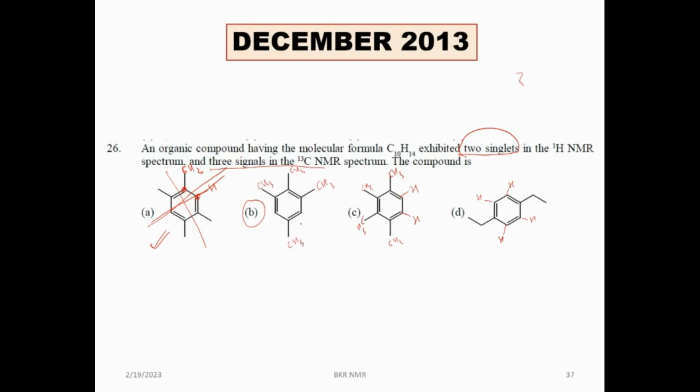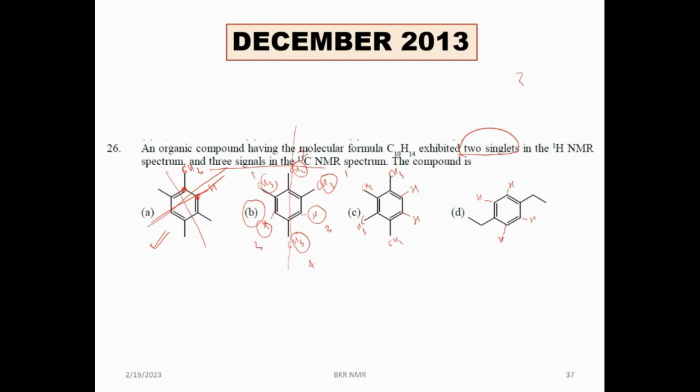Now tell me in this one how many signals you will get in proton and carbon. 4 proton signals. Can I cut the molecule like this? Then I have protons 1 and 2, which are the same, so that is 2. Then this and this are the same, so 3, then 4.